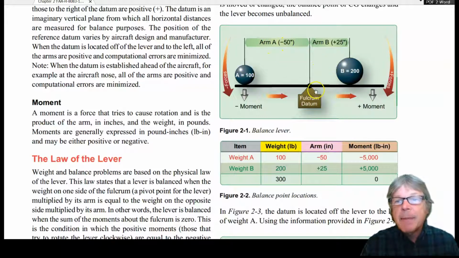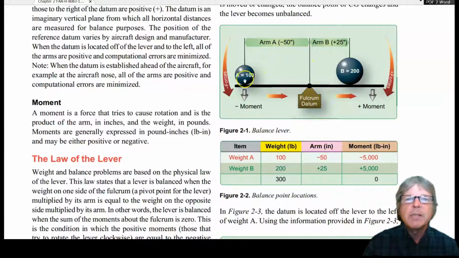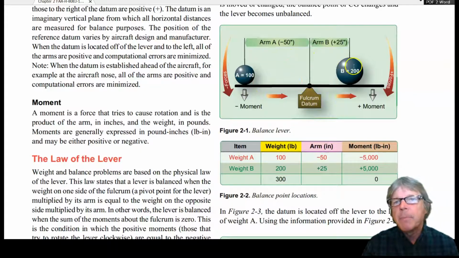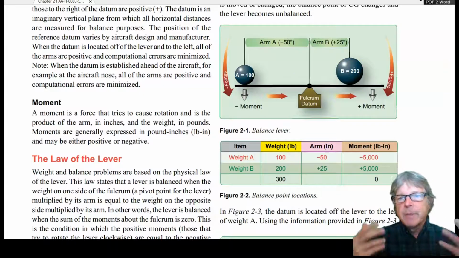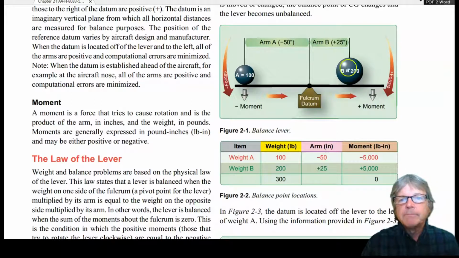If we take this 100 pounds from the small ball here, our arm is negative 50 inches. We're using negative and positive so we can keep track of which side of the balance point it's on. So we made the left side negative and the right side positive.